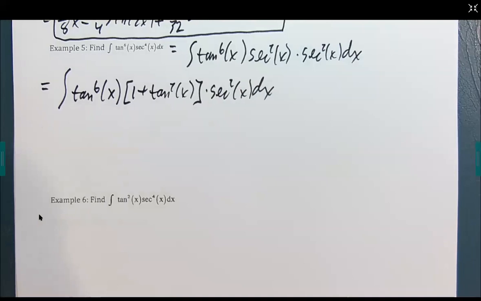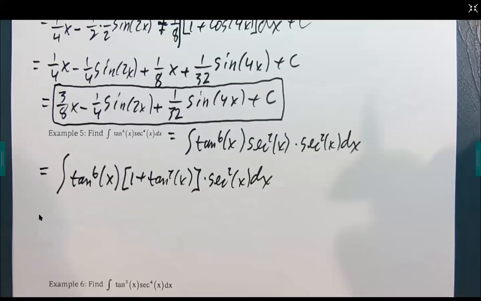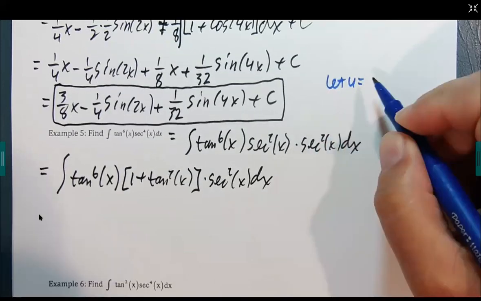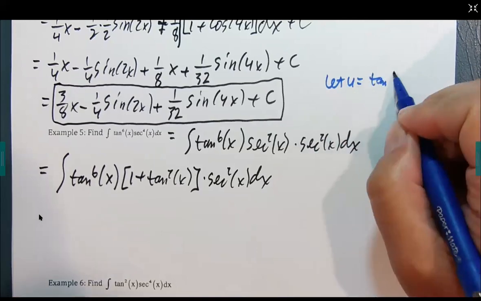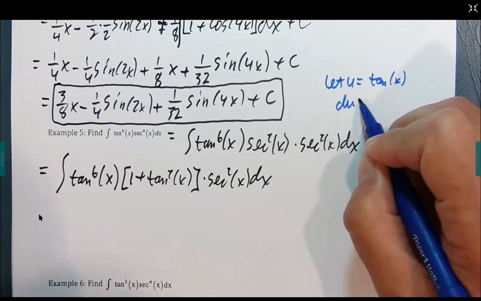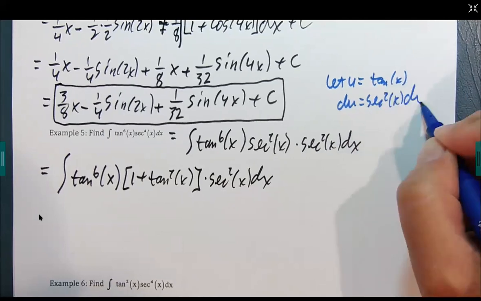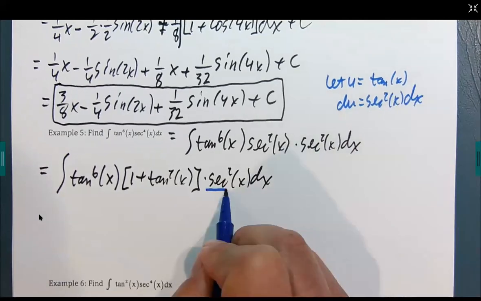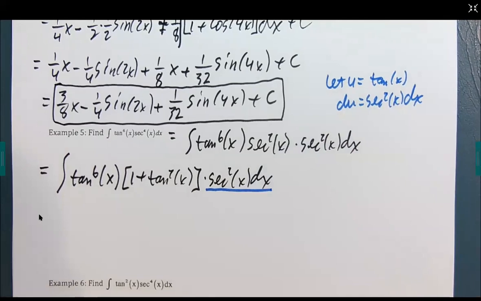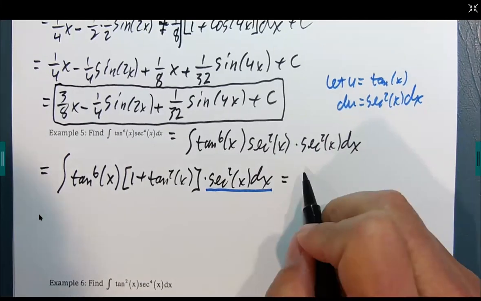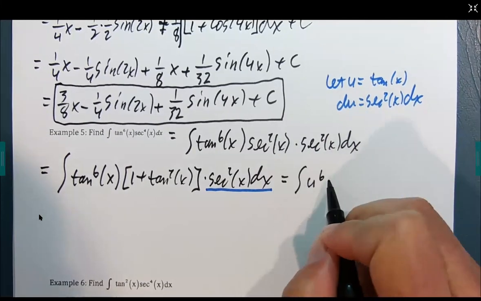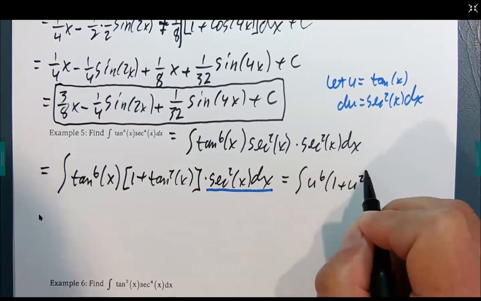So now I can let u, push this down a little bit, I'm going to let u equal tangent x times du secant squared x dx, and you can see that right there. So that's going to give us the integral of u to the 6th times 1 plus u squared du.